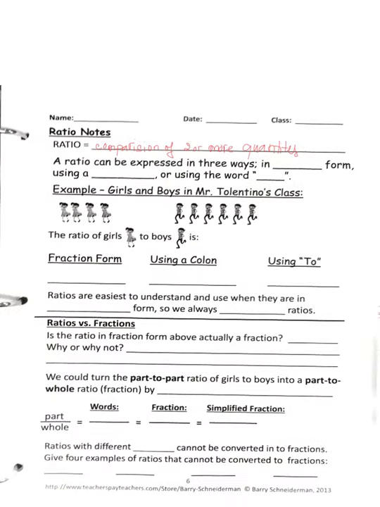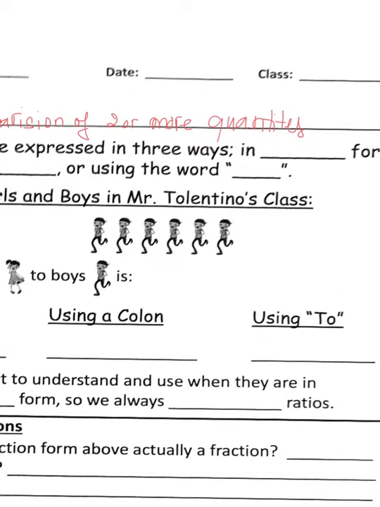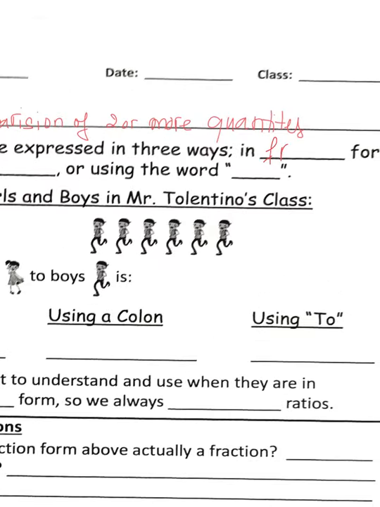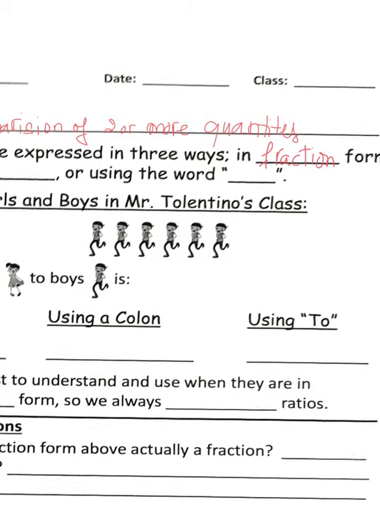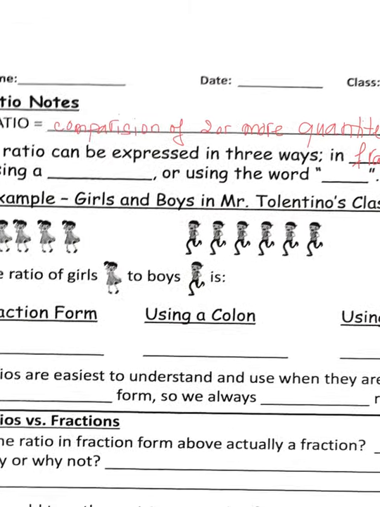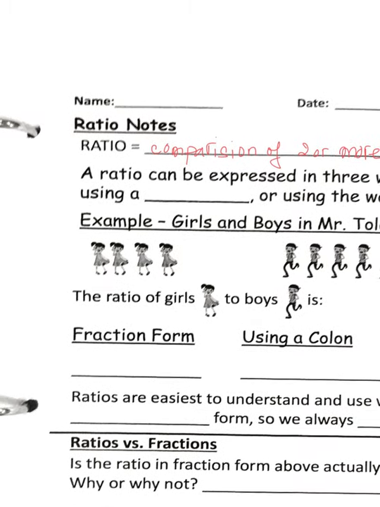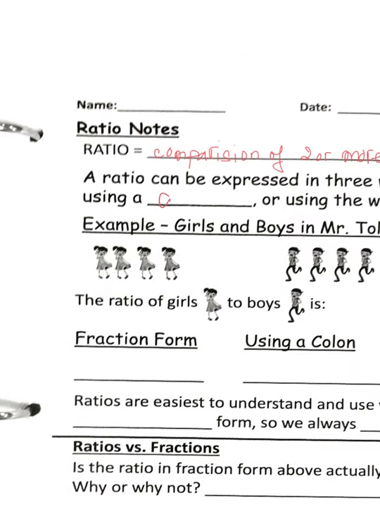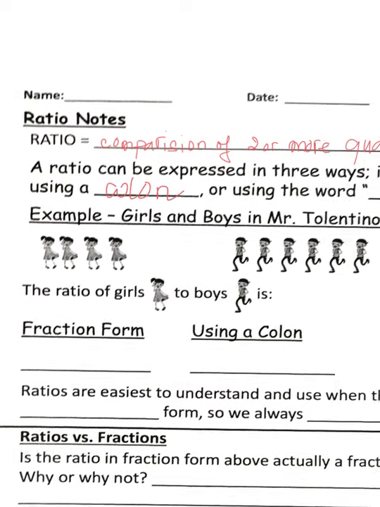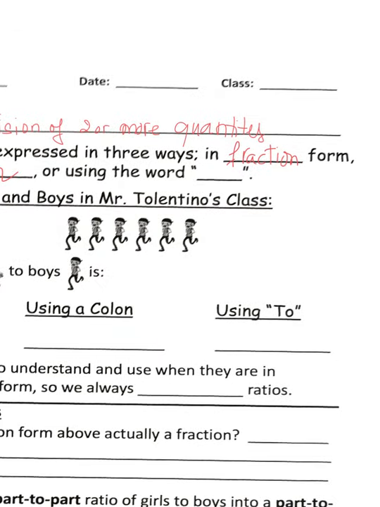A ratio can be expressed in 3 ways. As you can see earlier, we can write it in fraction form, and also we can use a colon, or use the word to.